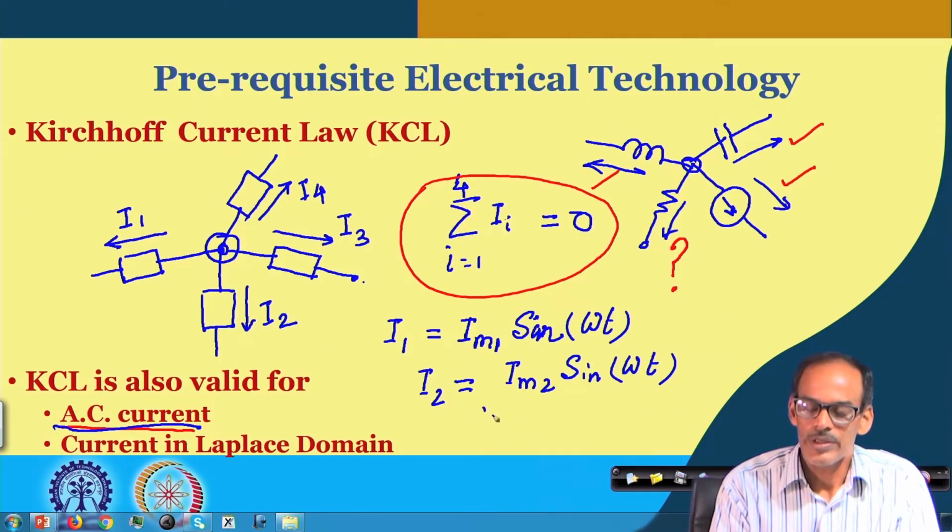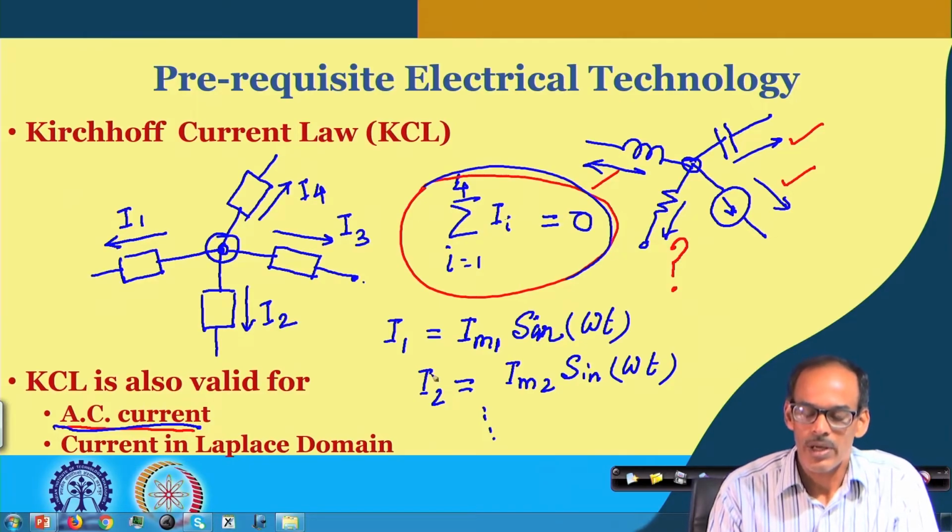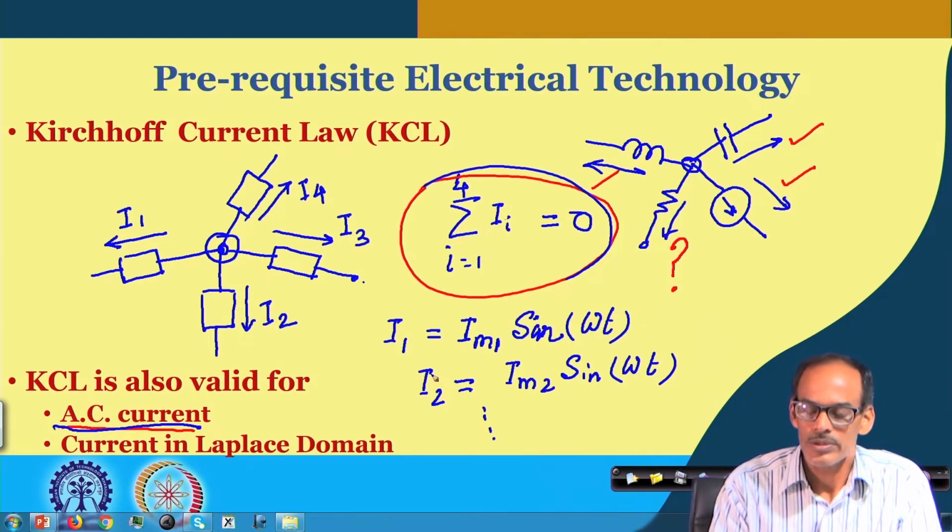And then again we can use the same KCL to find some unknown quantity from the known quantities.